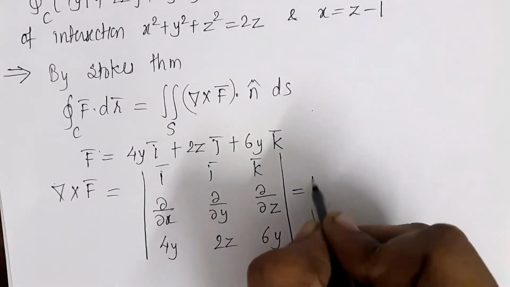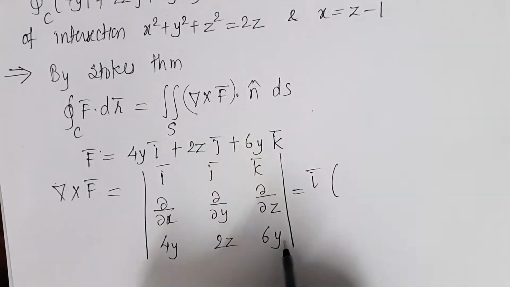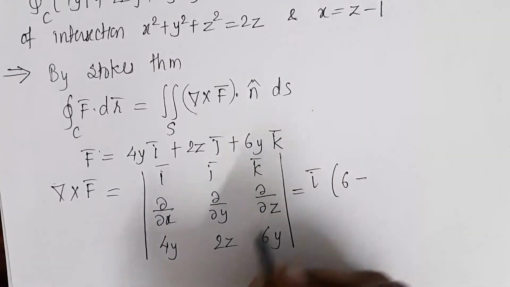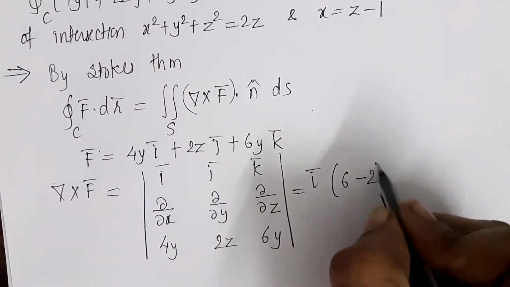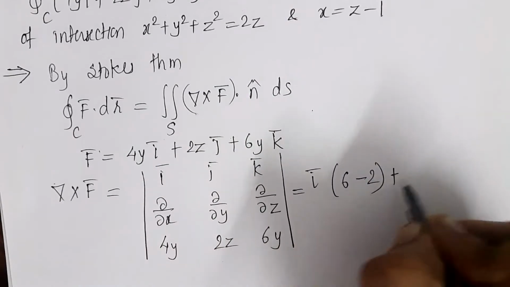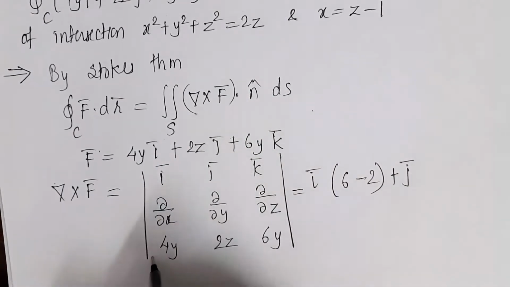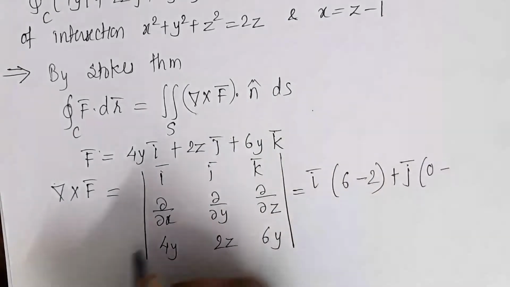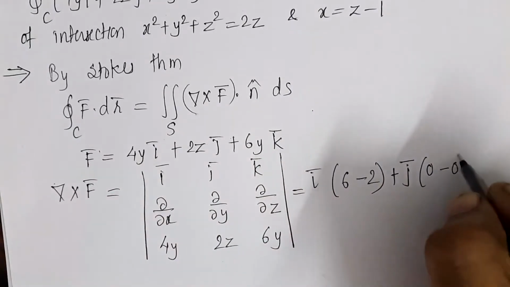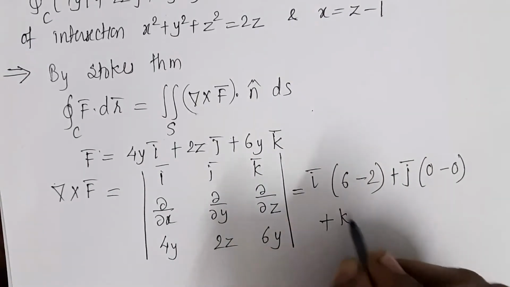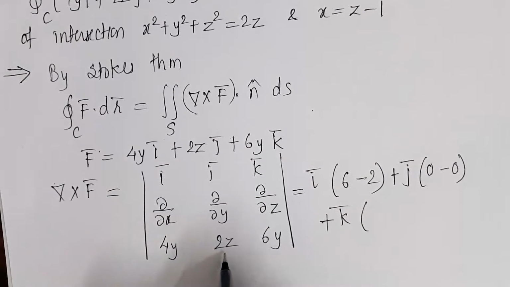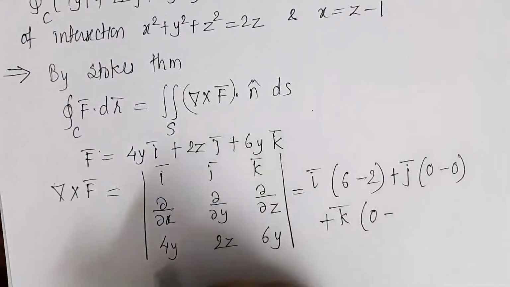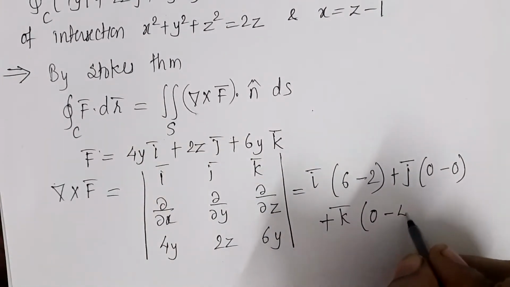So it is equal to i times (del by del y of 6y is 6, minus del by del z of 2z is 2), so 6 minus 2 i, plus j times (del by del z of 4y is 0, minus del by del x of 6y is 0), plus k times (del by del x of 2z is 0, minus del by del y of 4y is 4).